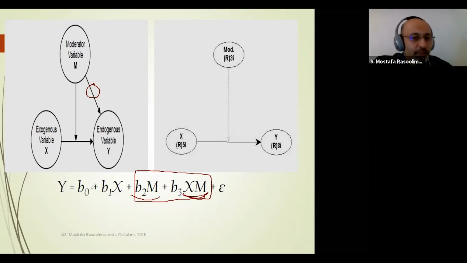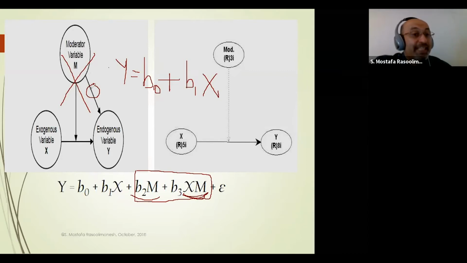Before including the moderator, the regression equation is Y equals beta 0 plus beta 1 X. When we don't have the moderator, we only have X to Y. But when we add the moderator using interaction effect, we include these two terms, M, the moderator, and XM, the interaction between X, the independent variable, and M.